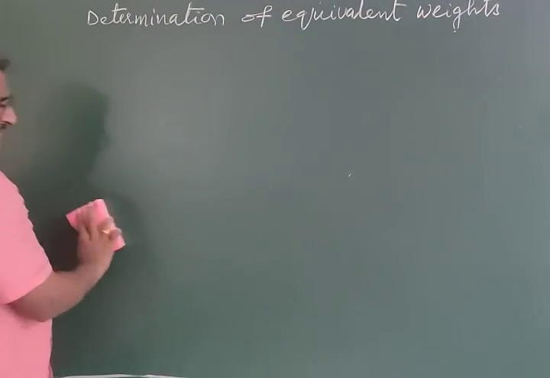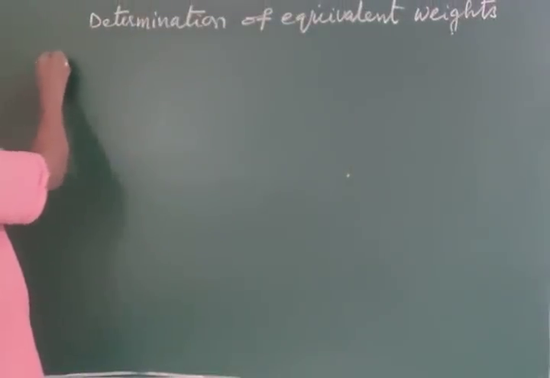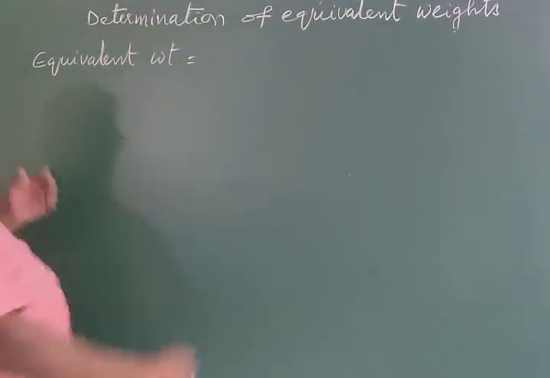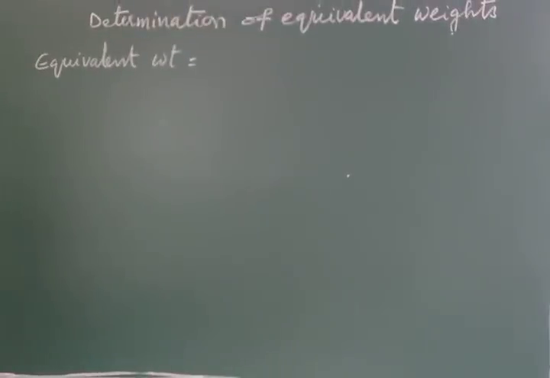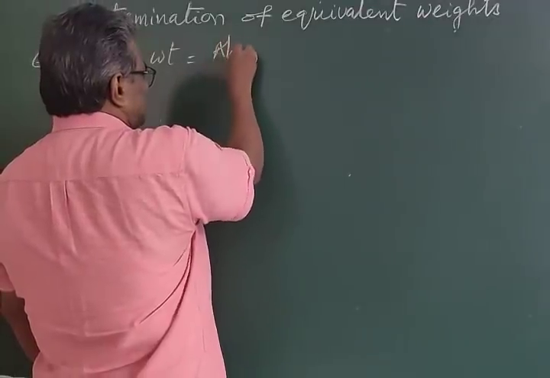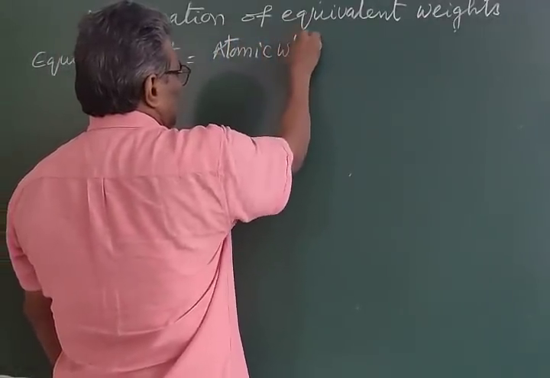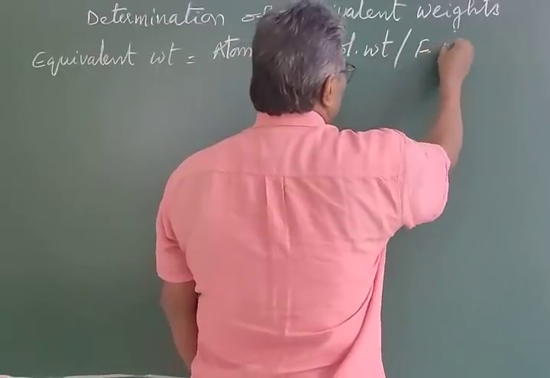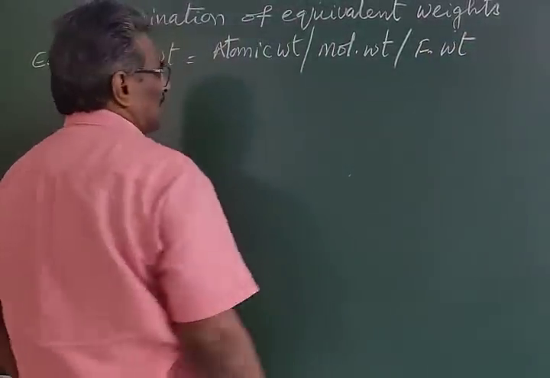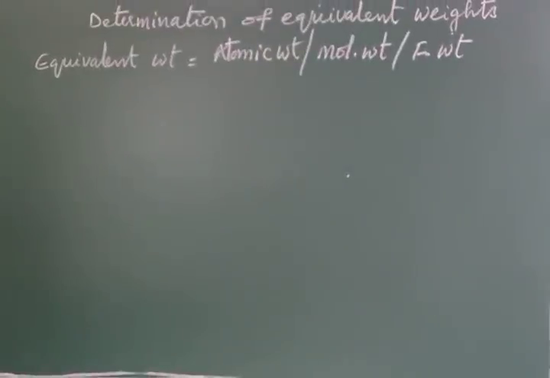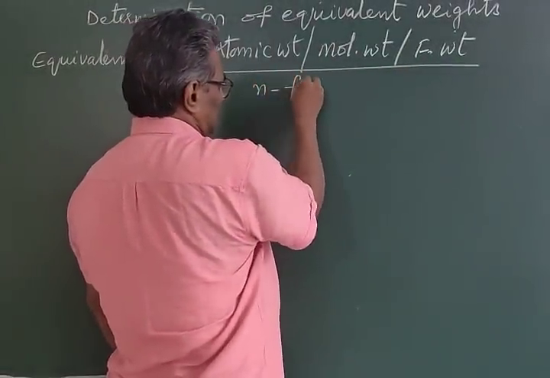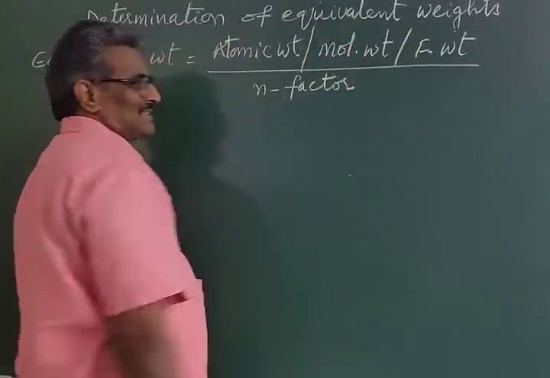Equivalent weight of any substance can be obtained by the formula: equivalent weight is equal to atomic weight or molecular weight or formula weight by n factor.